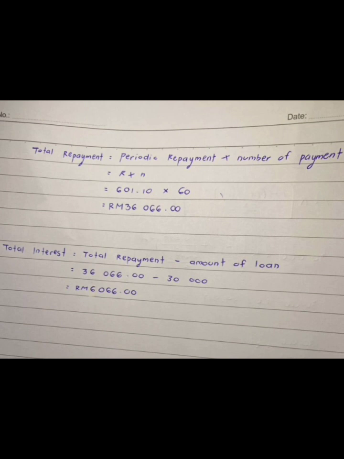And then the total interest is total repayment minus amount of loan, 36,066 ringgit minus 30,000 and then we got RM 6,066 ringgit Malaysia.